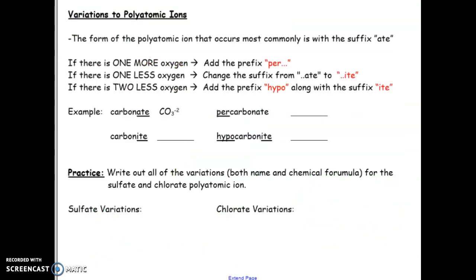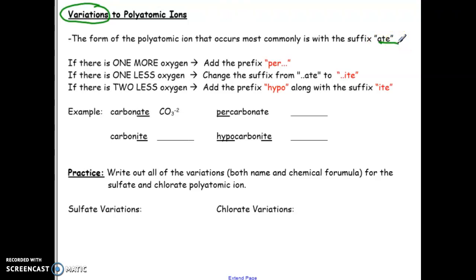So before we get into doing crisscross, there are going to be some variations to the polyatomic ions. This is new from what you've probably covered in grade 10. Polyatomic ions usually have a base name that ends in ate, most of them. Carbonate, nitrate, sulfate, phosphate.